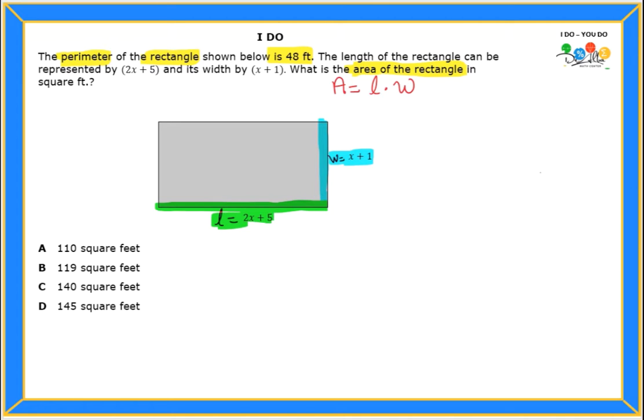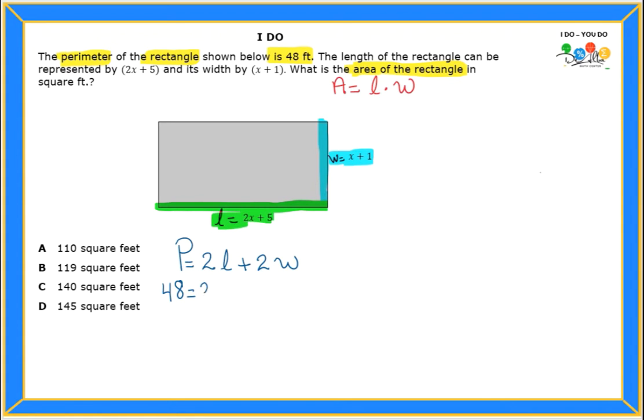So how about if we start with my formula for perimeter? The perimeter for my rectangle is twice the length plus twice the width. Perimeter is given to us, so I can already substitute P with 48. I am going to write down 48, and yes, every measurement is in feet, just remember that.